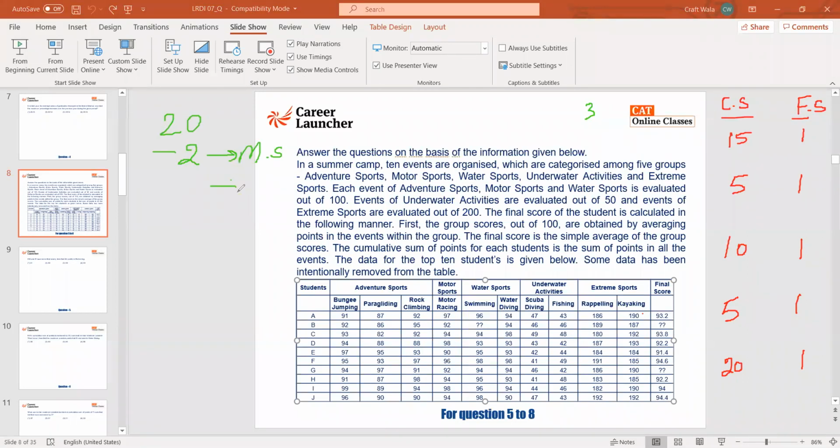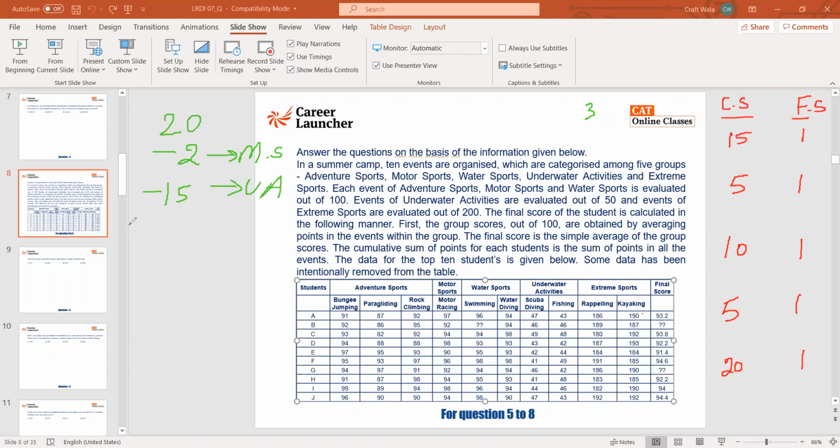Next, second choice will be your underwater activities. Underwater activities mein here you can give him 7 more points and here 8 more points. So 7 plus 8, 15 you can give him here. So next 15 points you will give him in underwater activities.